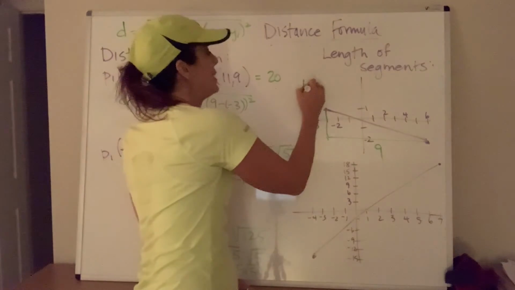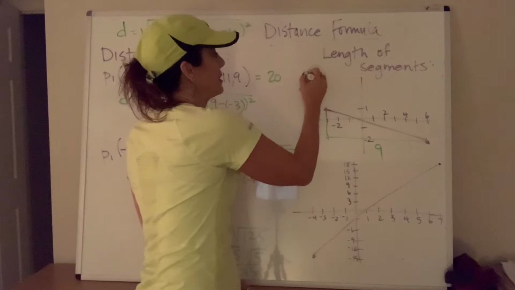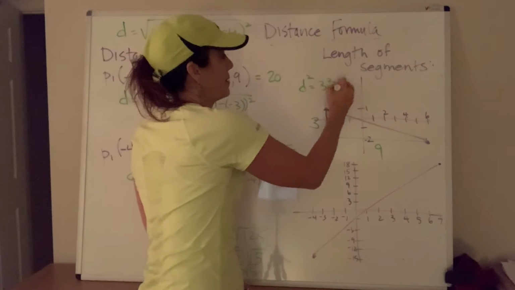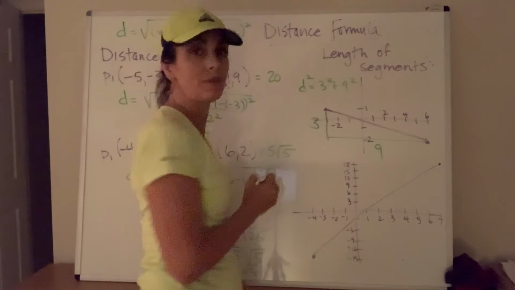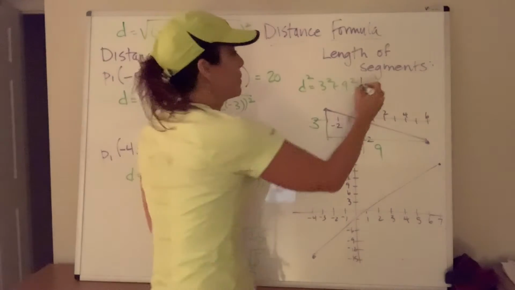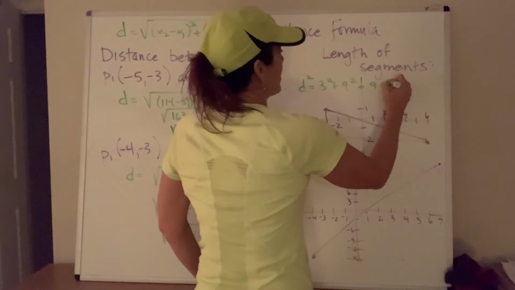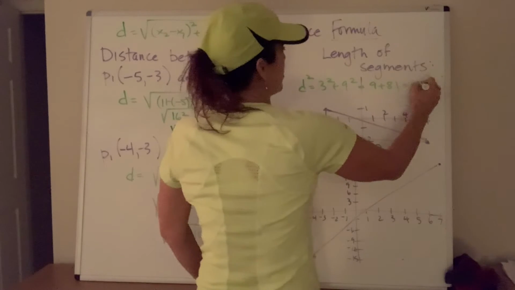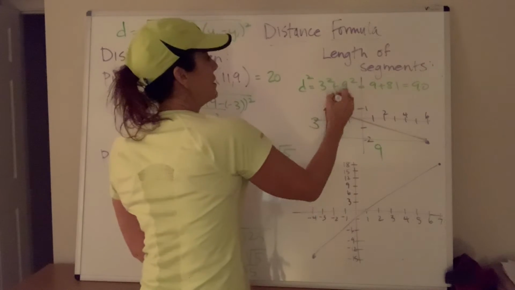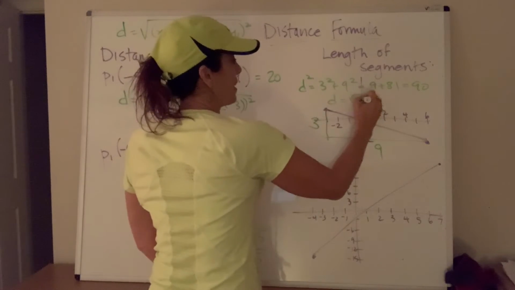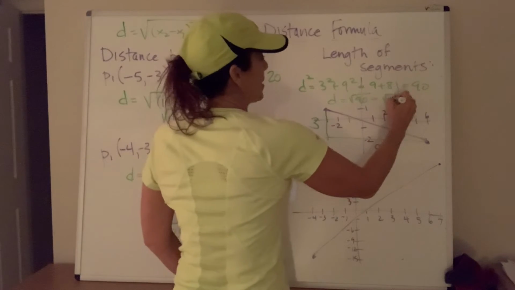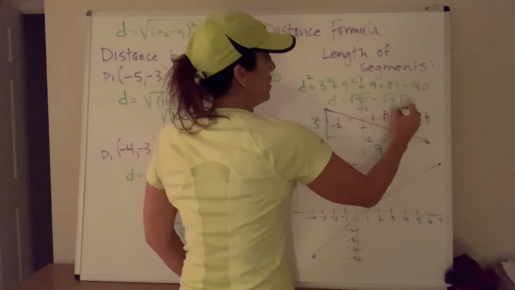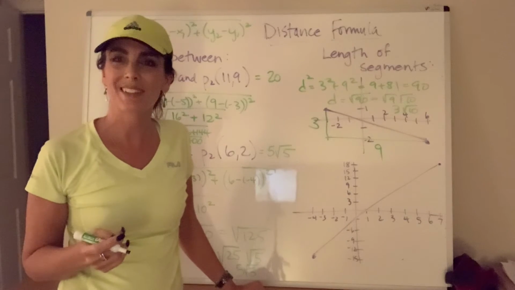So d squared is equal to 3 squared plus 9 squared, right? And then that's equal to 9 plus 81, which is 90. So d is going to equal the square root of 90, which is the square root of 9 times the square root of 10, also known as 3 times the square root of 10.